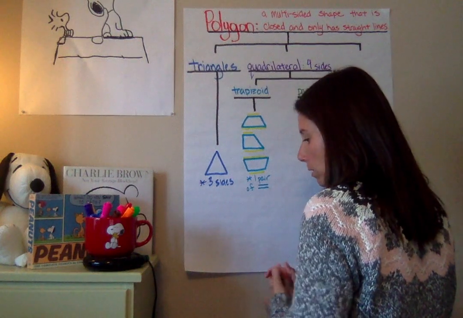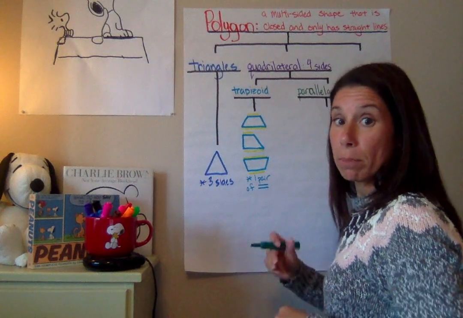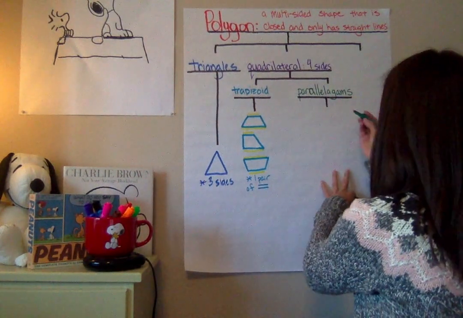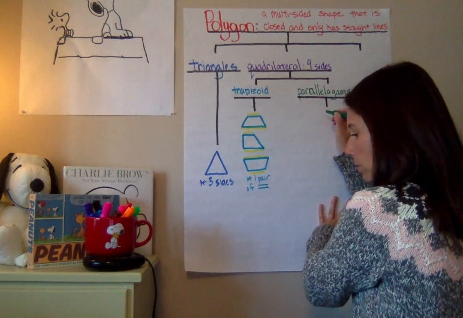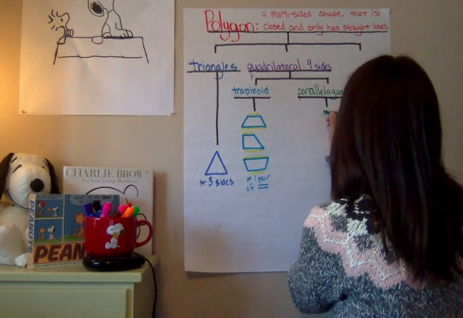The first parallelogram I'm going to do is the shape that's called a parallelogram. Let me move over a little bit. There we go. That is called a parallelogram. And so that is the shape that has 2 pairs of parallel sides and the opposite sides are congruent.